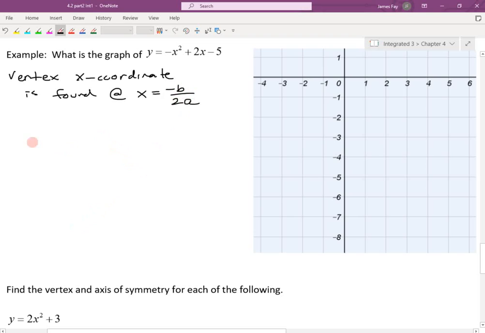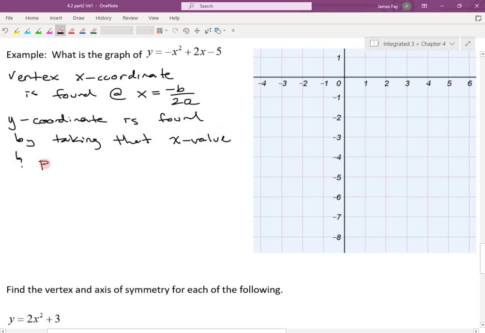Okay, then the y coordinate is found by taking that x value and plugging it into the equation and evaluating.